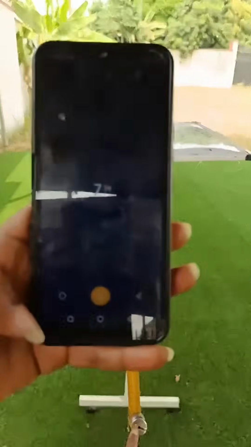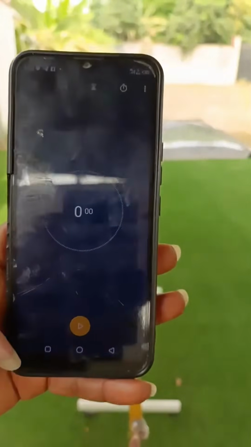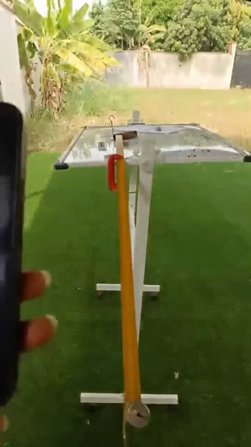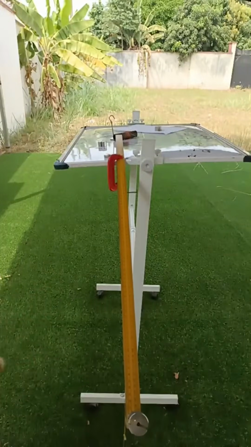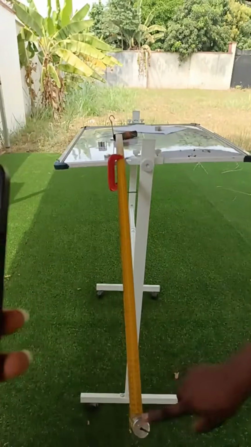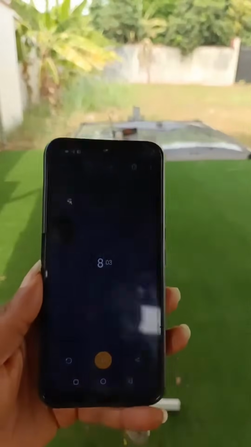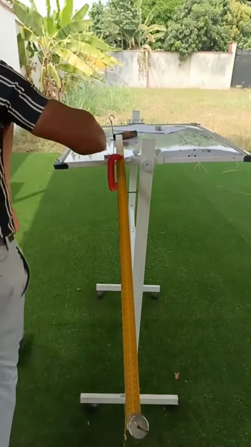I'm going to reset the stopwatch from 7.79 to 0. You can see that now. So we go. Are we ready? Yes. 1, 2, 3, 4, 5, 6, 7, 8, 9, 10. This is 8 point what? 03. 8.03. So we shall record it as T2.